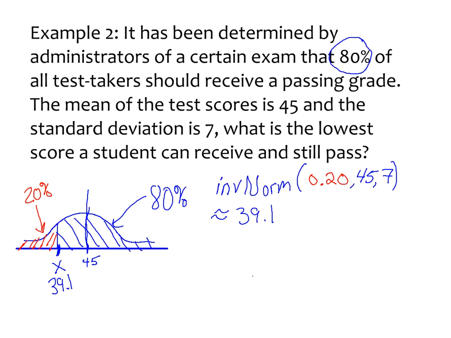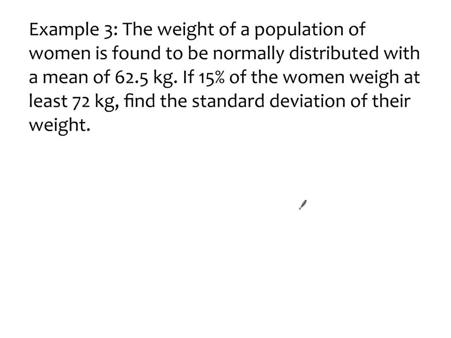Okay. One more example. We've got a population of women, and their weights are normally distributed with a mean of 62.5 kilograms. And we know that 15% of them weigh at least 72 kilograms, meaning 72 or more. Find the standard deviation, right? So yet again, a different problem. Draw a picture to begin.